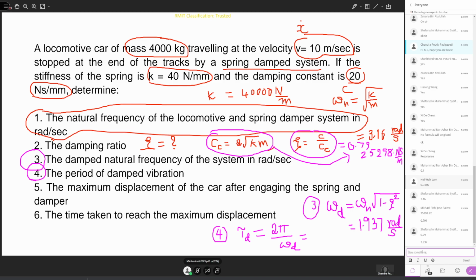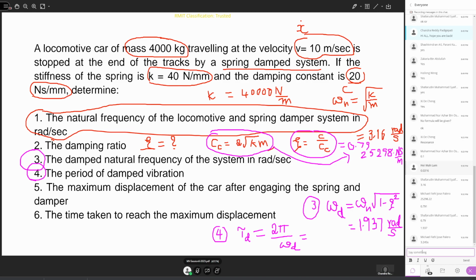Guys, any answer for part 4, the period of damped vibration? That's correct, Michael. That is 3.245 seconds. Then you can calculate the maximum displacement of the car after engaging the spring and the damper.